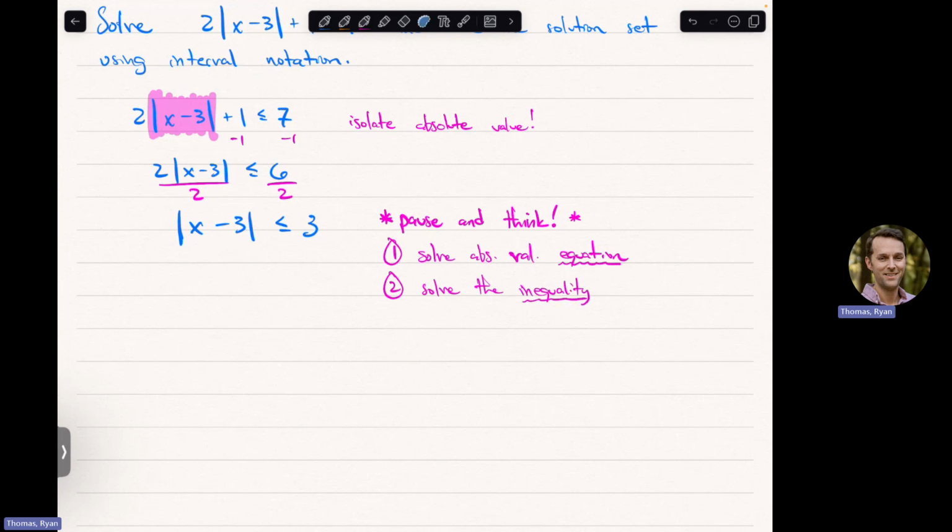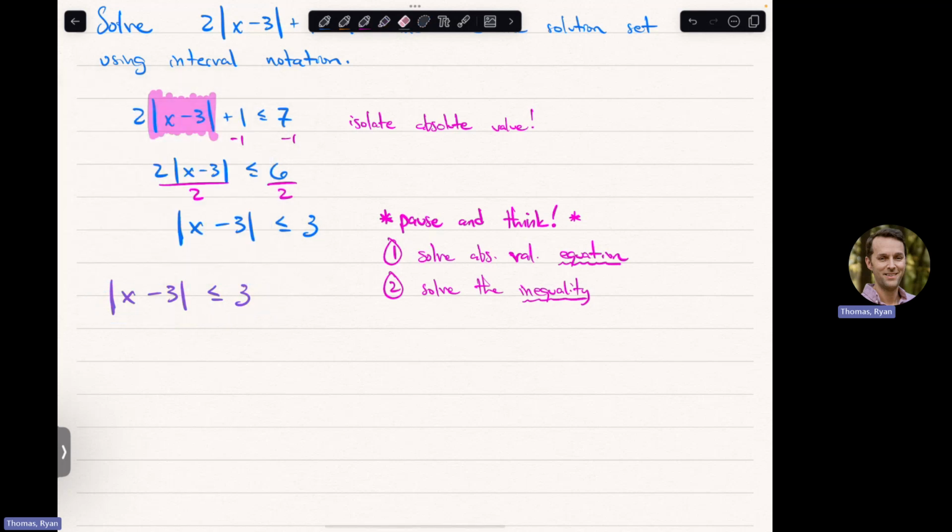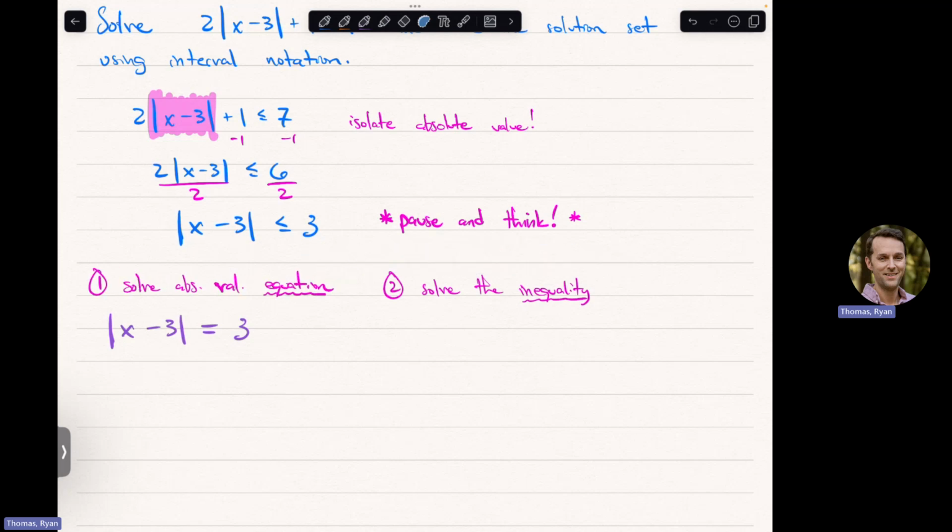So what I'm going to do is take this thing, and let's go with purple. That seems like a nice choice. I'm going to replace the less than or equal to with just an equal sign and solve the equation. Equations are a little more concrete, a little easier to deal with. So I'm going to start by solving that.